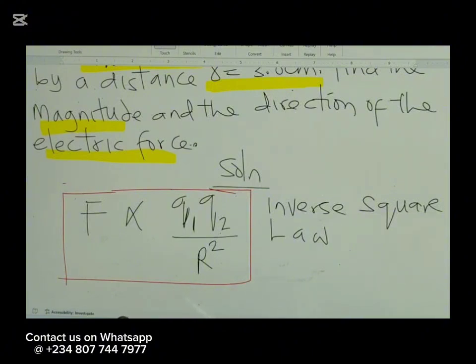First is Coulomb's law, and second is the gravitational law, that is the force of gravity. So one of the inverse square laws is Coulomb's law and the other is the gravitational law.